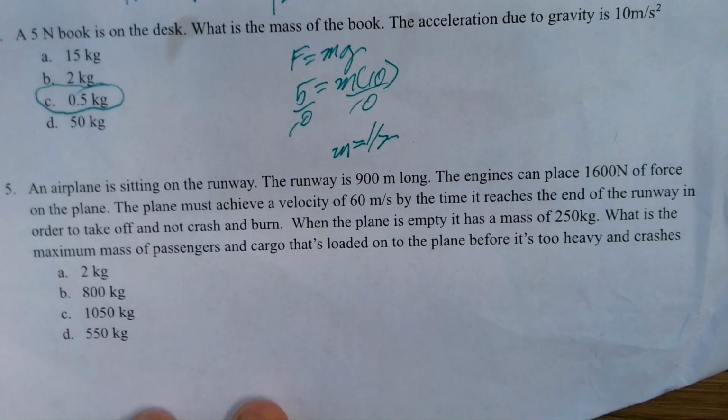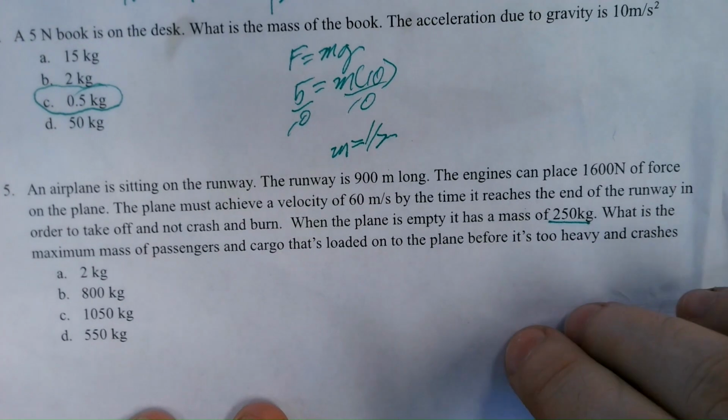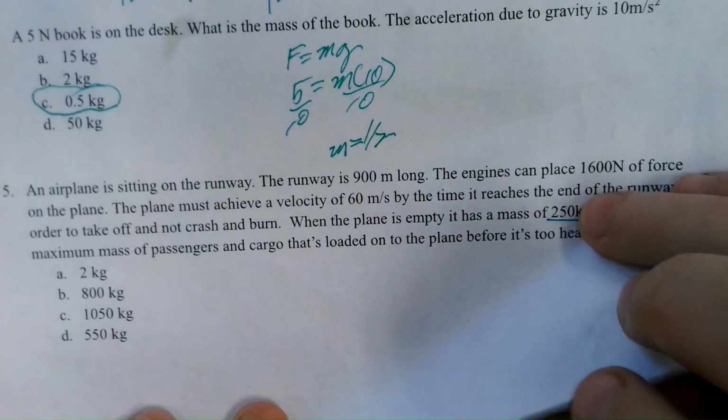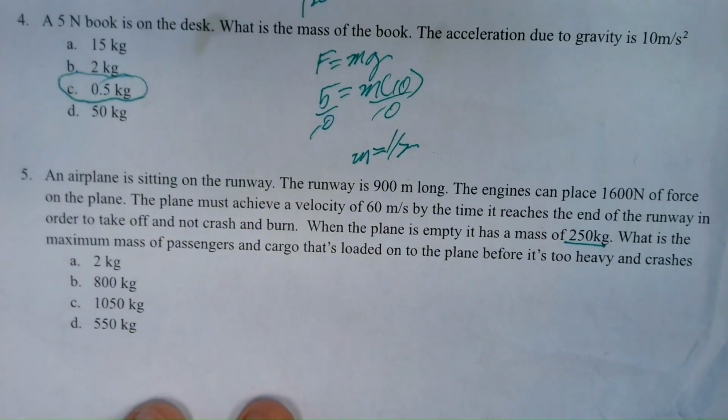The plane must achieve a velocity of 60 meters per second by the time it reaches the end of the runway in order to take off and not crash and burn. The plane is empty and has an empty mass of 250 kilograms. What is the maximum mass, passengers and cargo, that can be loaded onto the plane before it's too heavy and crashes? So in the world of Boeing, hopefully this problem has some relevance.